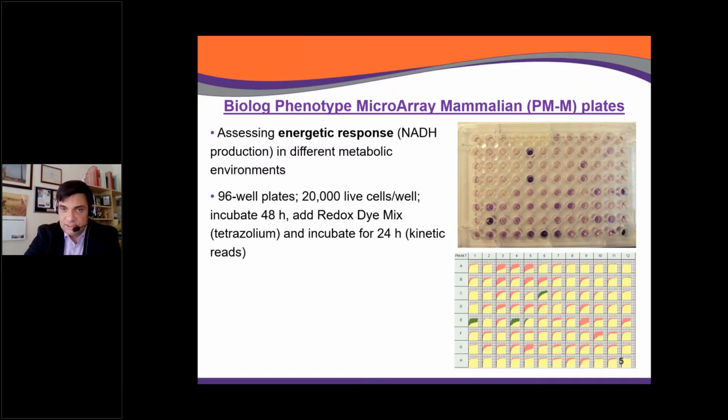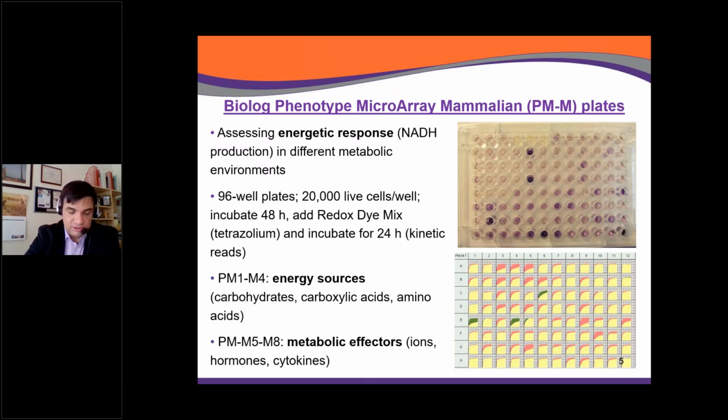As I mentioned, there are different compounds in each well, and the plates from PMM1 to PMM4 include energy sources that could be carbohydrates, carboxylic acids, or amino acids, and plates PMM5 to PMM8 include metabolic effectors such as ions, hormones, cytokines, and other molecules. So the big difference is that in the first 4 plates, the cells utilize the compound as energy source.